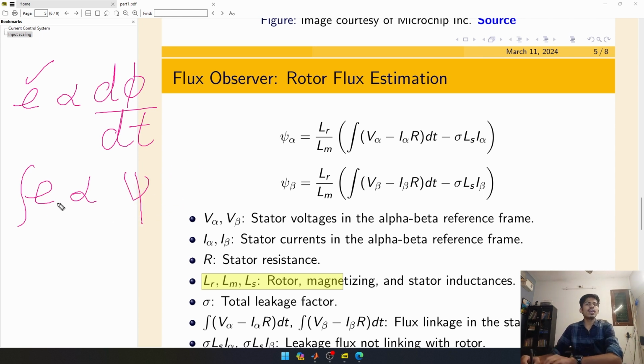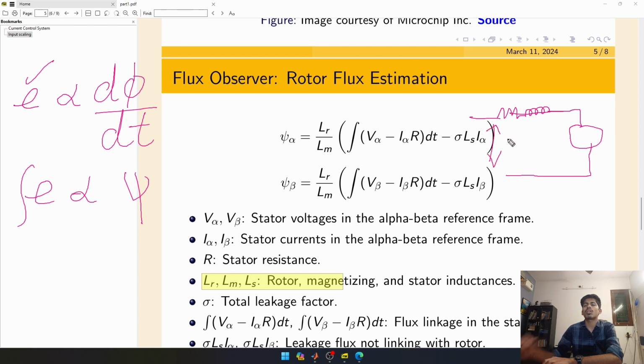I will draw a diagram. I will draw one phase of a motor. It will have some resistance and inductance. Let's assume this is one phase of an induction motor.